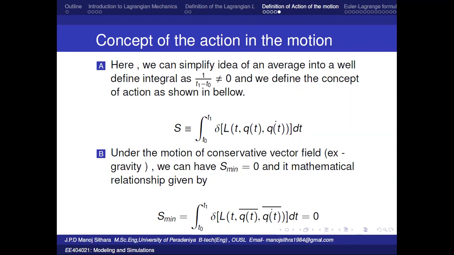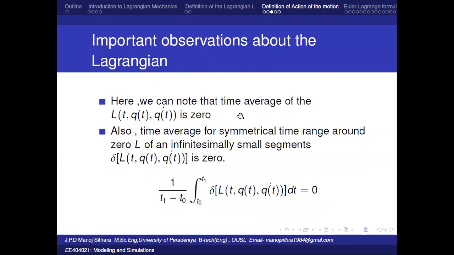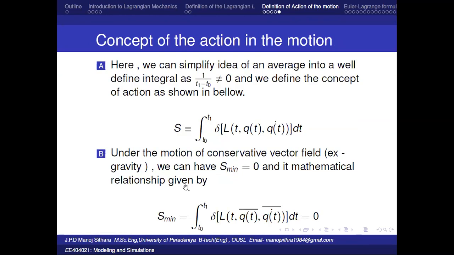In the average statement, this part has nothing to do with the average, because since the average is 0, this time interval has no meaning. So we remove this part from the statement and we introduce the time integral of the Lagrangian as S, which is called the action of the motion over some time range.